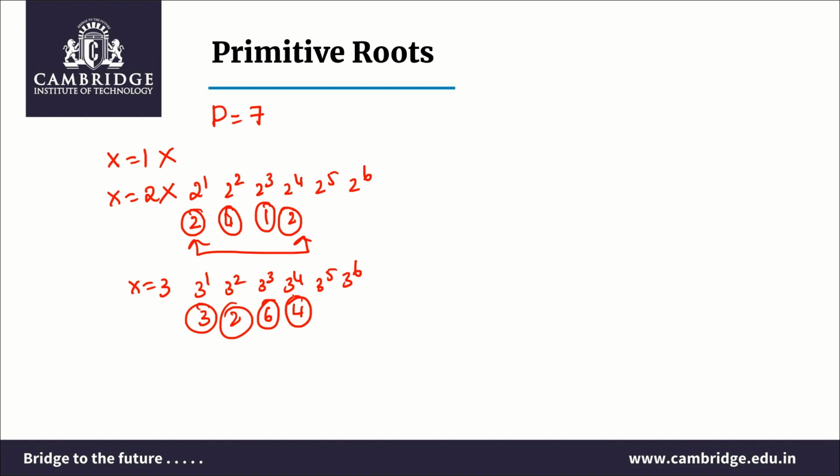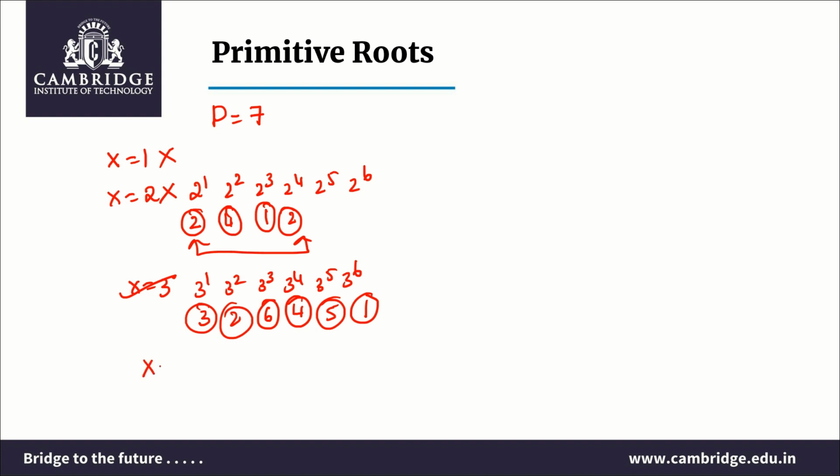Now I have to take the remainder, so I take mod 7. 243 divided by 7: 34 into 7 is 238, and 243 minus 238 is 5. So it's 5. Now 3 power 6. What is 3 power 6? It is 729. What is the mod that you are going to get? We'll get 1. See, is it distinct? Yes. So x equal to 3 is a primitive root.